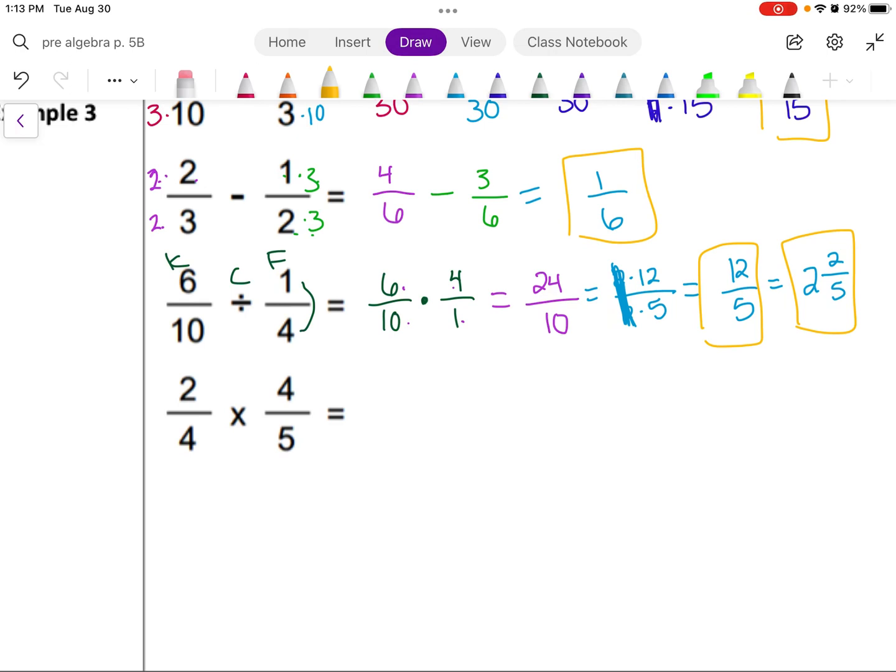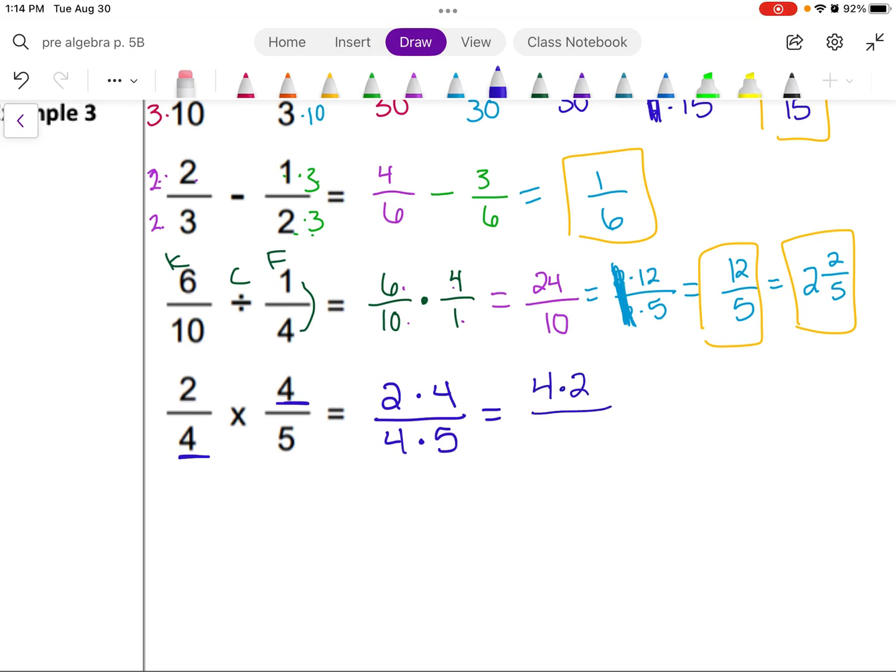Then we've got 2/4 times 4/5. Well, this is just a multiplication problem. So when I look at this, I notice that I've got 4 in my numerator and 4 in my denominator. So I could write this as one fraction, 2 times 4 over 4 times 5. And I can actually flip these around since multiplication is commutative.